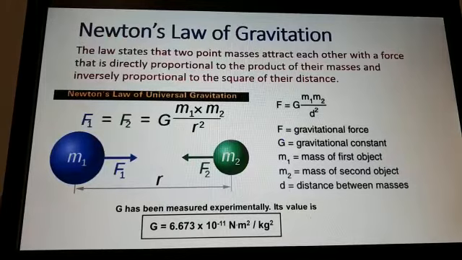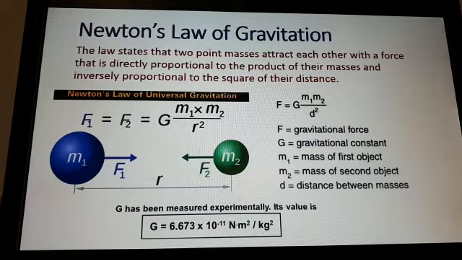Now we have to discuss Newton's law of gravitation. Isaac Newton showed that the Earth's force of gravity extends into space, but weakens with distance according to an inverse square law. Using this, he explained the gravitational field.